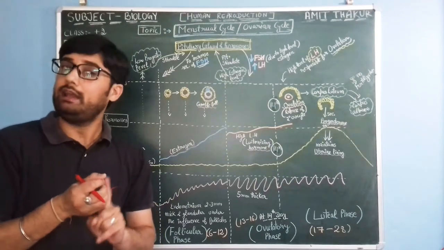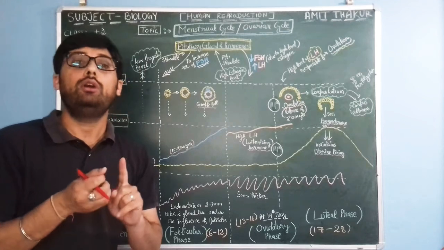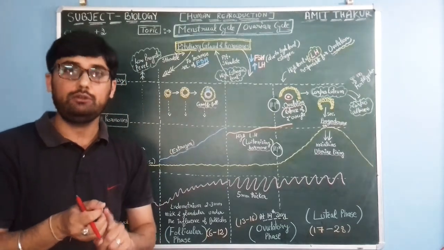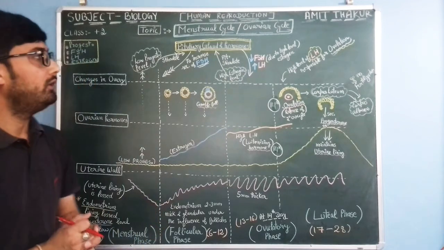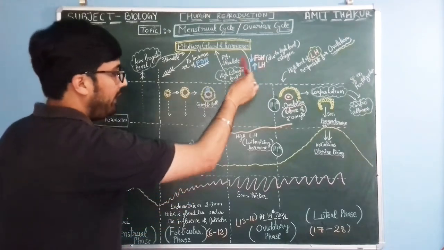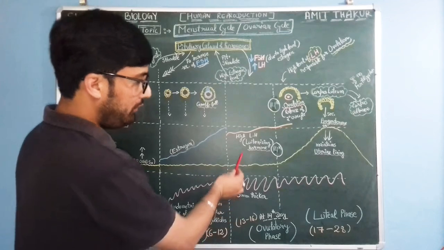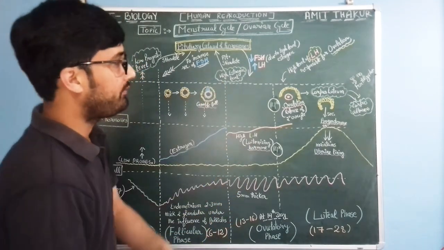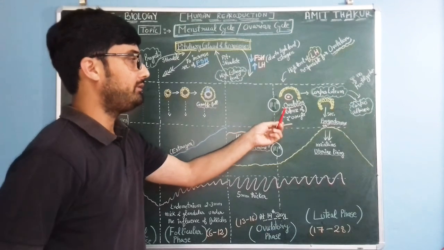When LH level is very high, that means ovulation has occurred or ovulation is going to occur. So this high level of LH, or luteinizing hormone, causes ovulation. Here you can see ovulation.